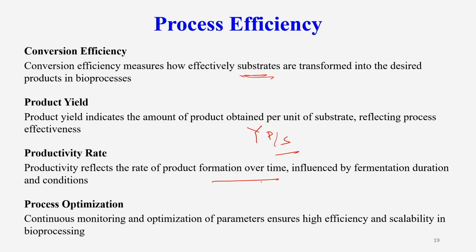That needs to be improved, along with process optimization. This comes through continuous monitoring and optimization of the process to ensure high efficiency and scalability in the bioprocessing. So, parallel to this economic analysis, the process efficiency part should also be considered, and the necessary steps should be taken to improve the process efficiency as well.